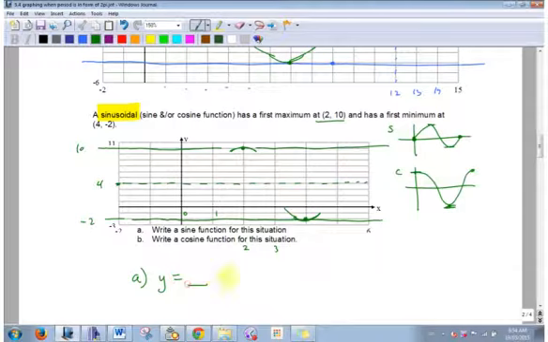y is sine, period, shift. This is one piece of the puzzle. Yeah, hang on.